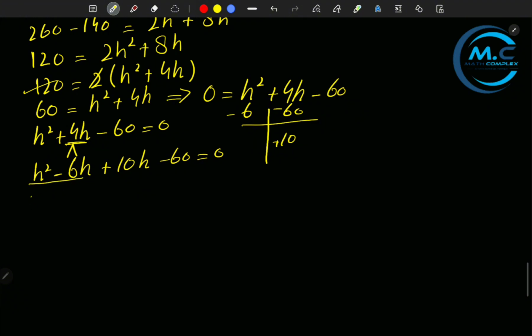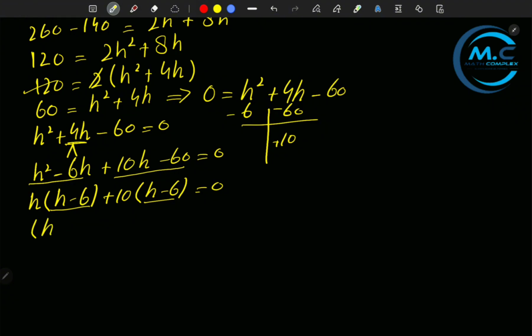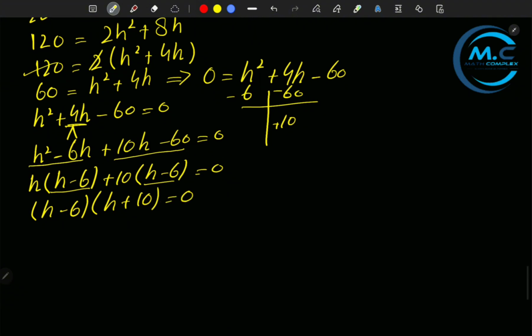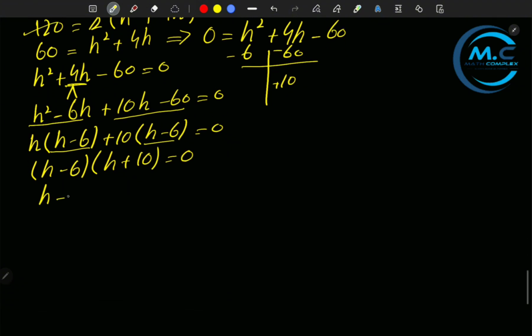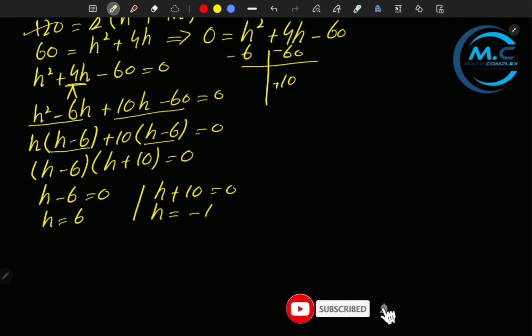Taking h common from this pair, this will become h into (h minus 6), and taking 10 common from this pair, this will become 10 into (h minus 6). Taking this bracket as common, this will become (h minus 6) into (h plus 10) equal to 0. Now putting h minus 6 is equal to 0 and h plus 10 is equal to 0, this will become h is equal to 6, and h is equal to minus 10.